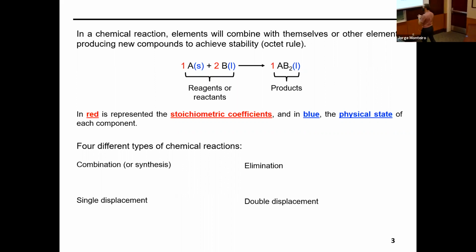We can have 4 basic types of reactions: combination, elimination, single displacement, and double displacement. And I gave you some examples regarding each type of reaction. Okay, very good. So let's move on to a new topic.